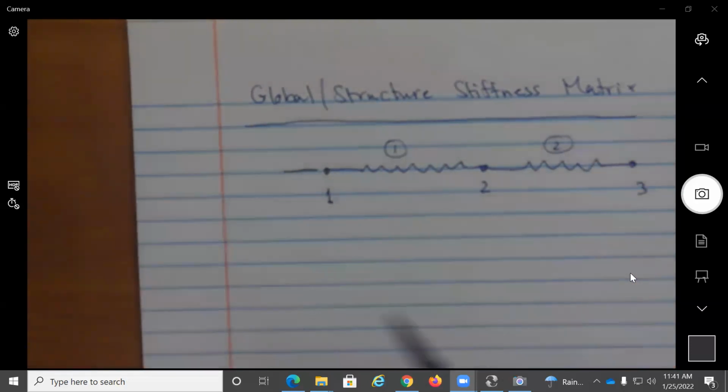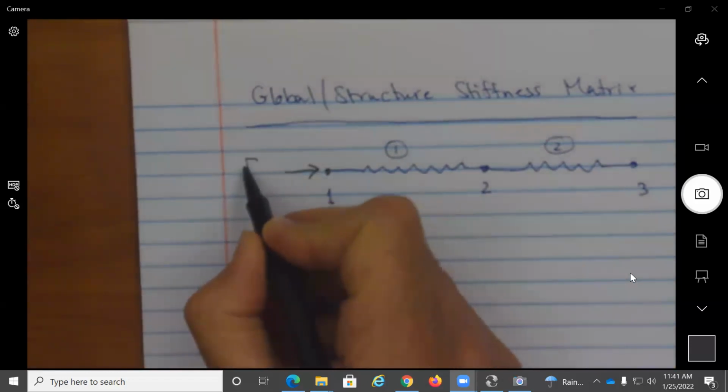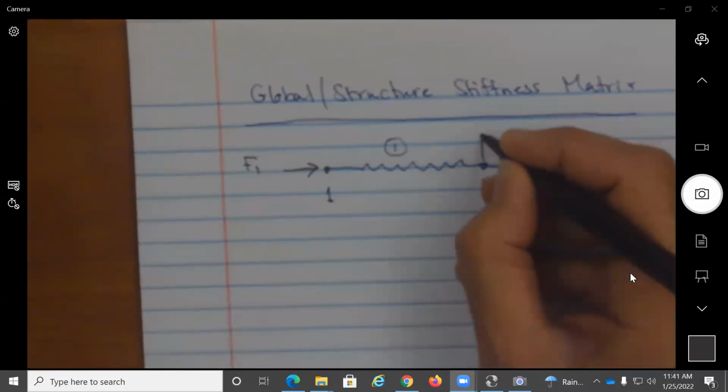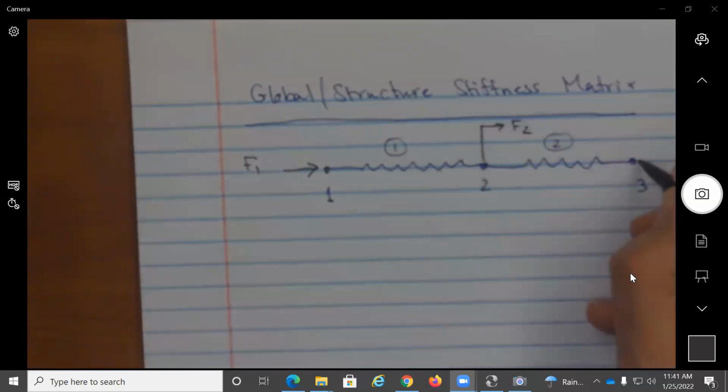And the structure as a whole is subject to applied forces. So these are not element forces. I'm going to call it at node 1, it is F1. At node 2, it is F2. And at node 3, I have here F3.